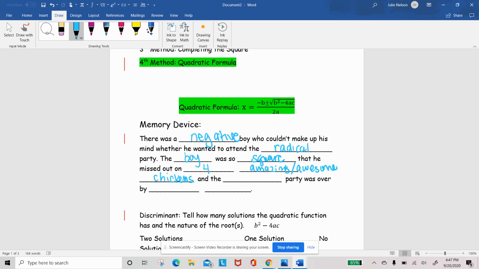It used to be chicks, we're going to say chickens. And the entire party was over by 2 a.m.